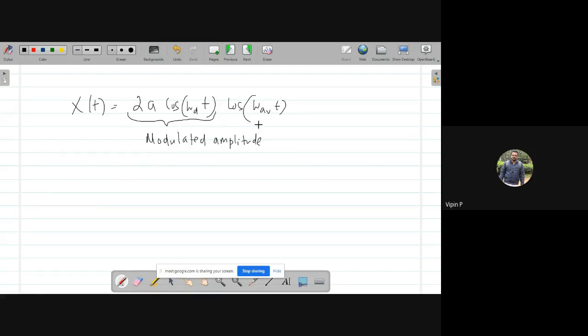If I call it a mod, this expression can be written as x of t is equal to a mod cos omega average into t. This is the resultant expression that I have.